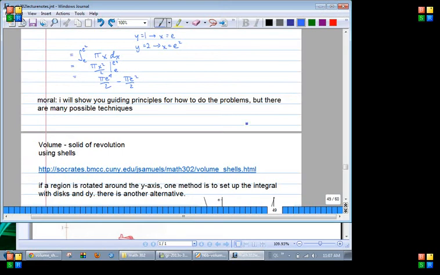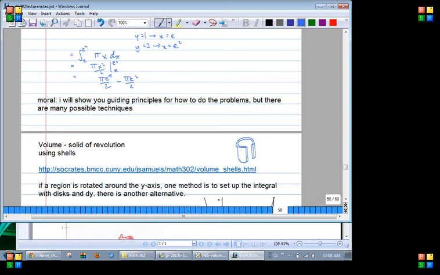So when you have that, each one of these things looks like a shell like this, where I've made a cut in the shell, so I've opened the shell up a little bit.